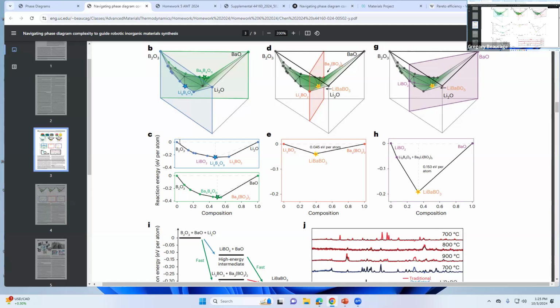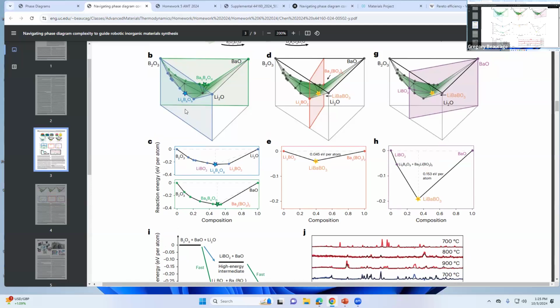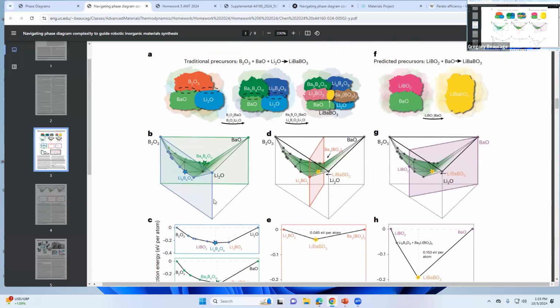So you have this little trip down to lithium borate, minus 0.2, so 200 milli eV per atom. And then all of a sudden, there's this huge drop of 194 to get to the product from it. Right, so that's a good pathway to take. Again, these are the binaries. You start with the powders, they're going to react as binaries.